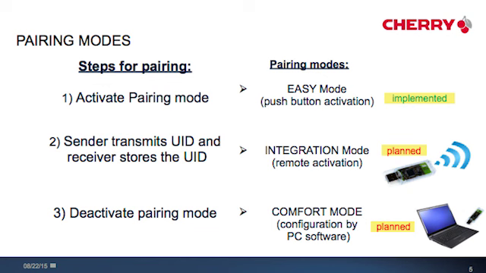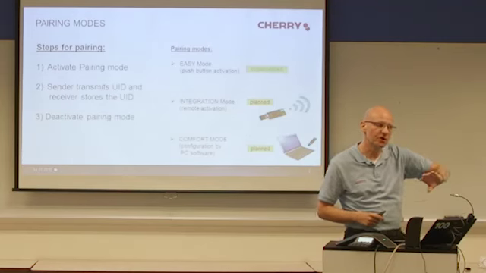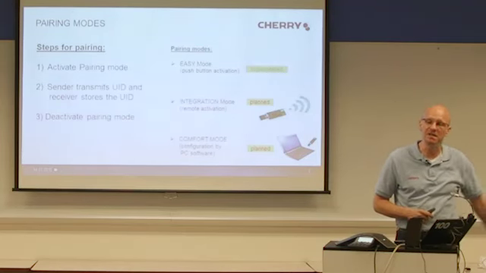So on that, the receiver knows what he should do with the unique ID. Should he transmit it to an output, or should he switch on the light, or should he leave it off because this is not a paired sender to me?